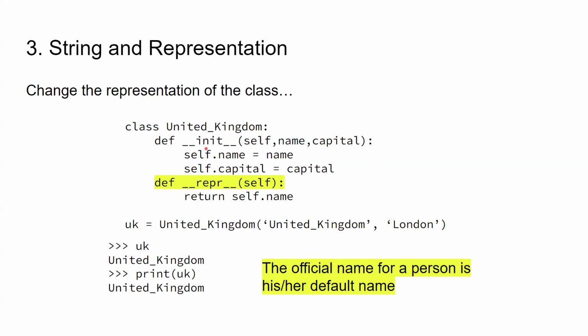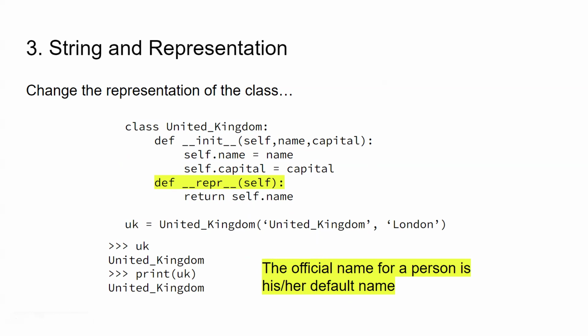You can consider the representation as the official name of this class or instance, United Kingdom, UK. The string is the nickname of this object.